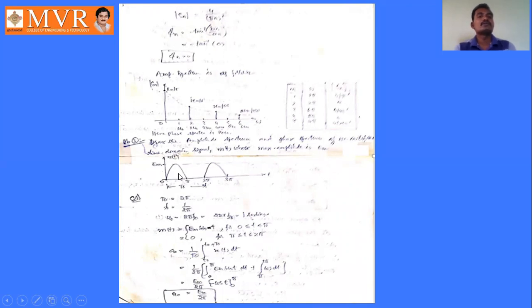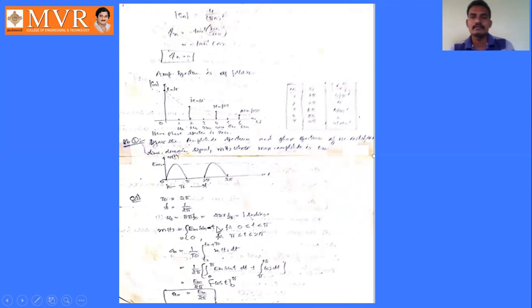So m of t is given as amplitude Em into sine omega naught t. Omega naught value is 1 here, so it is Em into sine t, for 0 less than or equal to t less than or equal to pi. From pi to 2 pi, its value is 0.